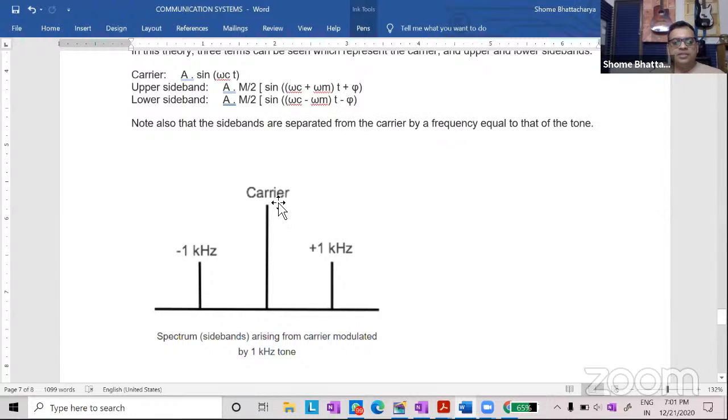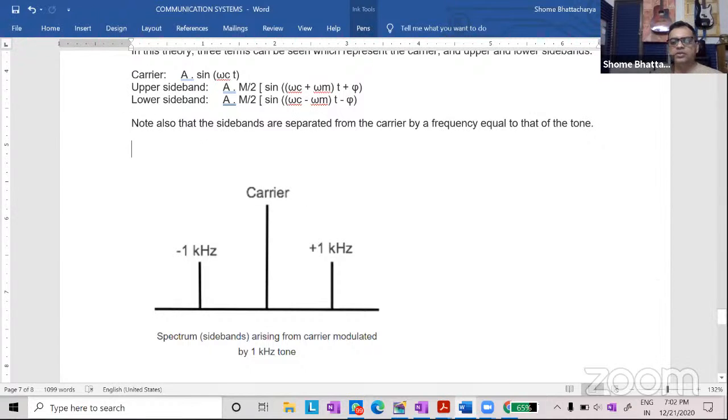So, for example, this is giving us a graphical picture of, let's say, a carrier wave with a frequency in megahertz, but the modulating signal was 1 kilohertz. So the upper sideband will be the carrier frequency plus 1 kilohertz, and the lower sideband will be the carrier frequency in megahertz minus 1 kilohertz. So from the lower sideband to the upper sideband, we need a bandwidth of 2 kilohertz, whereas the center one is the actual carrier frequency.